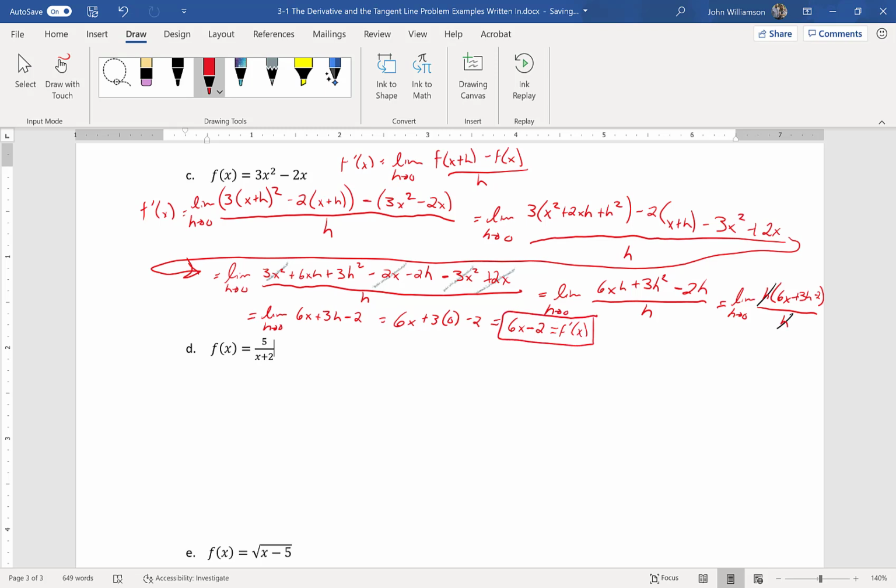So the derivative is a formula for the slope of the tangent line, or a formula for the slope of the curve at any point on that curve where it is differentiable. So in this case, what's that telling us? It's telling us the slope of the quadratic function 3x squared minus 2x is the linear function 6x minus 2.